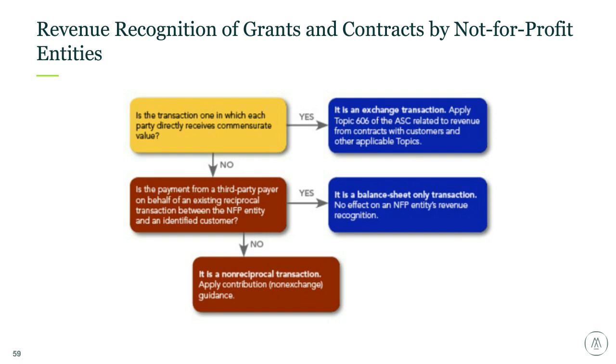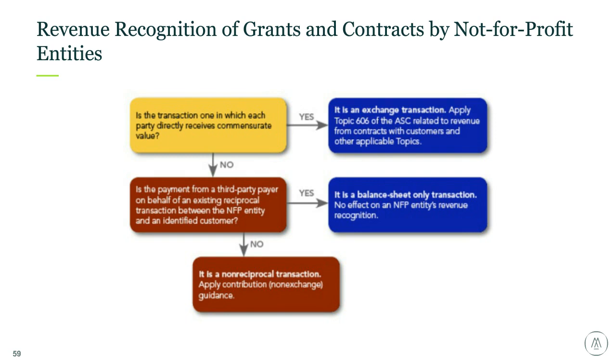Because those funds are typically for a specific person, they go in, see a doctor, and the federal government pays on their behalf. That is considered an exchange transaction because it's not the general public that is receiving it. It is a specific individual that is determined at the time. So that is something to keep in mind.